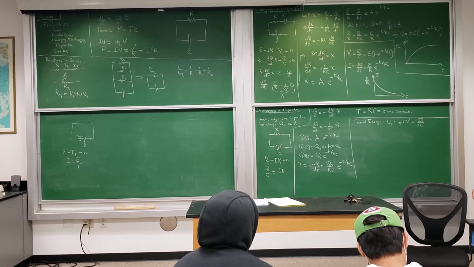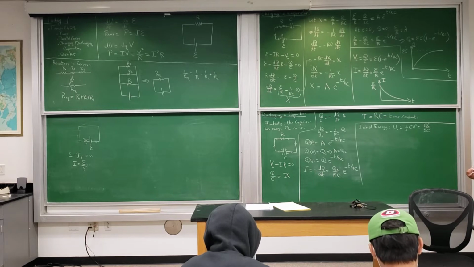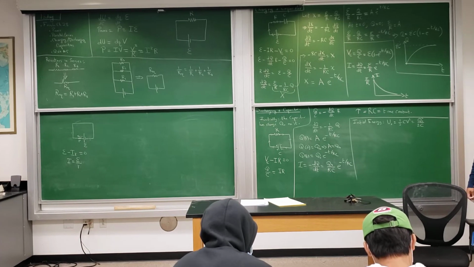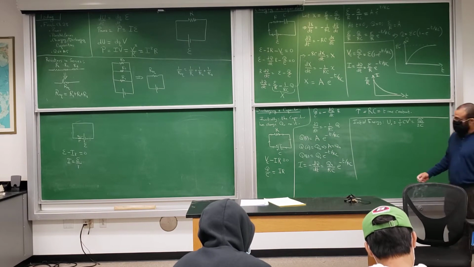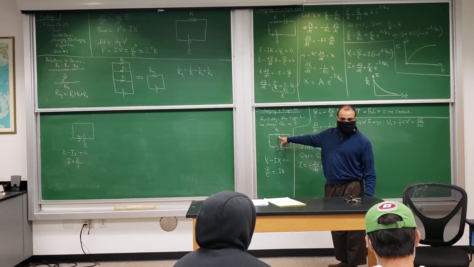That's the initial energy. Now, as you discharge the capacitor, when the capacitor is fully discharged, how much energy is stored in it? 0. So where did the energy go? It went into heat in the resistor, right?